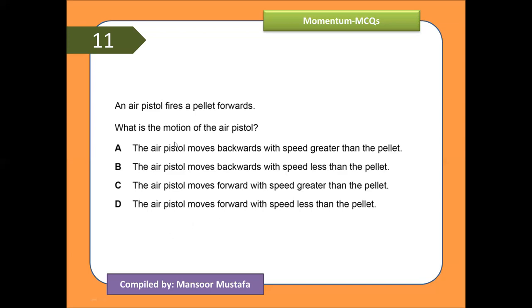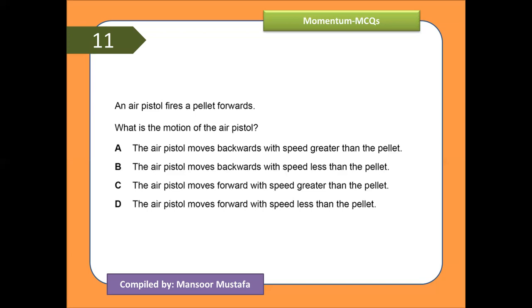Now if we compare the mass of the bullet to the mass of pistol, so definitely bullet का जो mass होगा that is less than the mass of pistol. It means कि bullet की जो speed होगी that will be greater than the speed of the pistol. And when there is a fire from the pistol, so if bullet is moving in the forward direction, so pistol will move in the backward direction. वो backward direction में move करेगा and उसकी जो speed होगी that will be less than the speed of bullet.